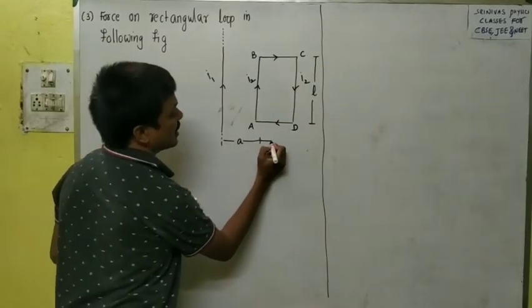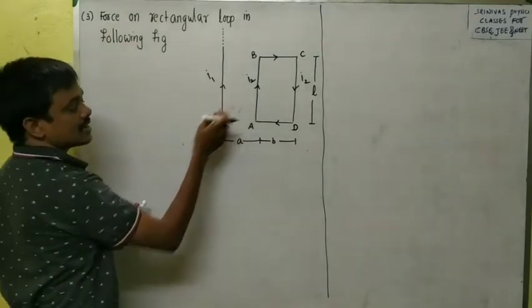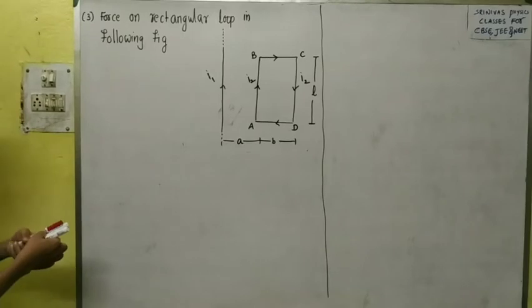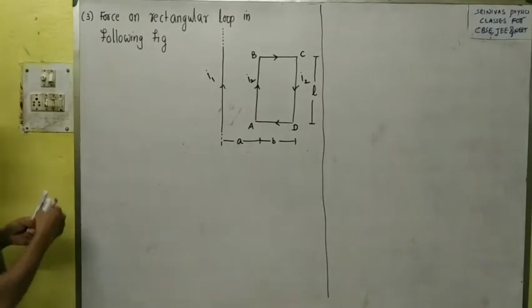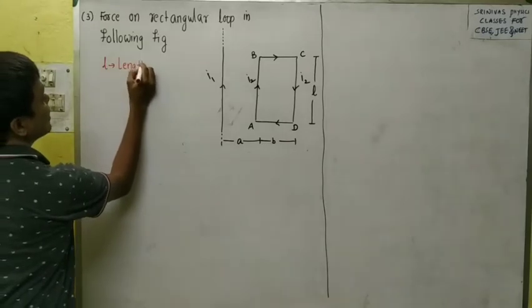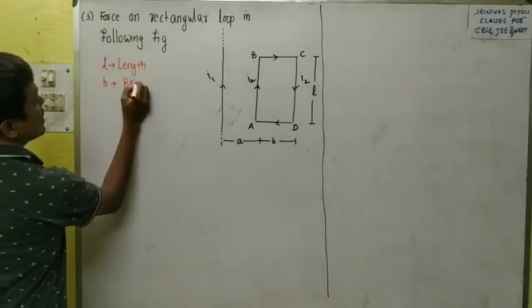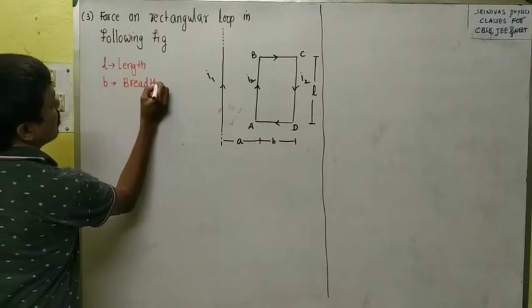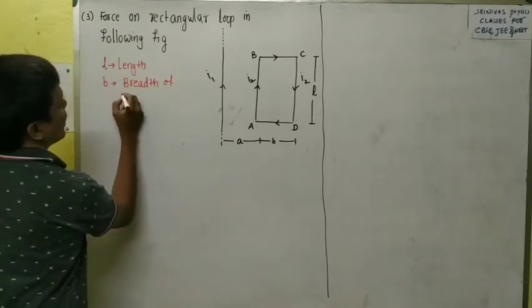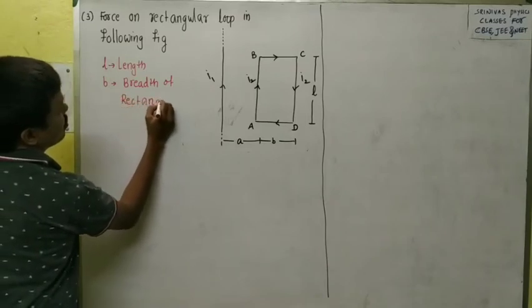This is B, and this distance is A. Now what about the force on the rectangular loop? L is the length and B is the breadth of the rectangular loop.